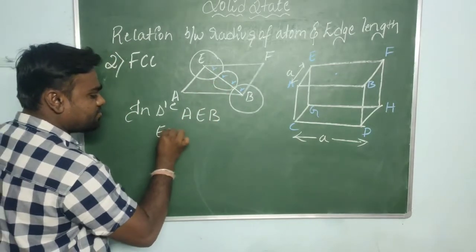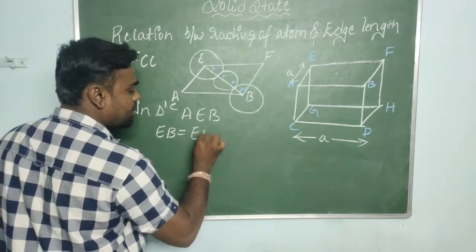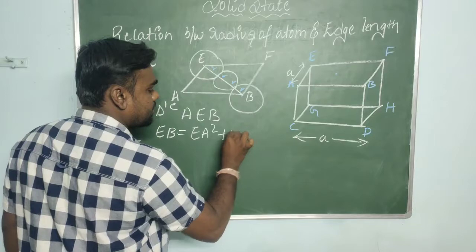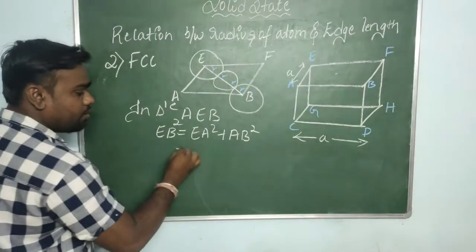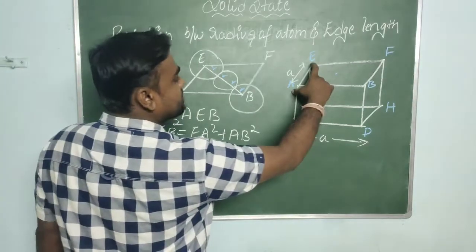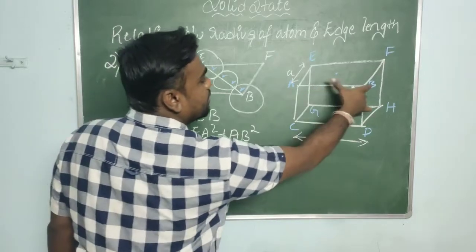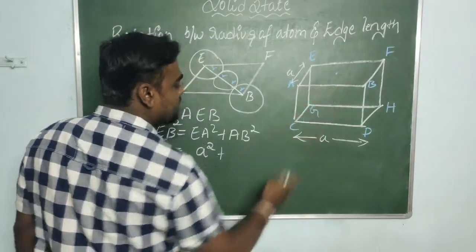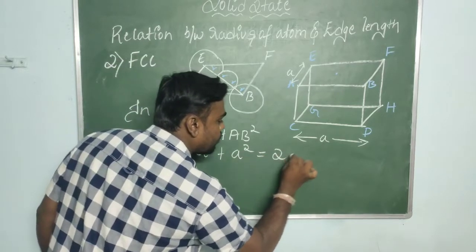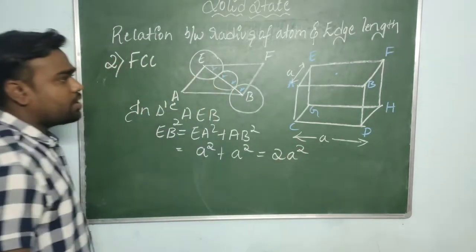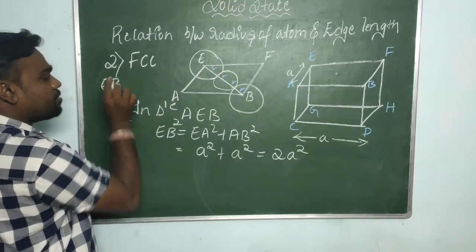EB square is equal to EA square plus AB square. EA is nothing but A, so A square. AB is similar to CD, therefore its length is A. We can write 2A square.